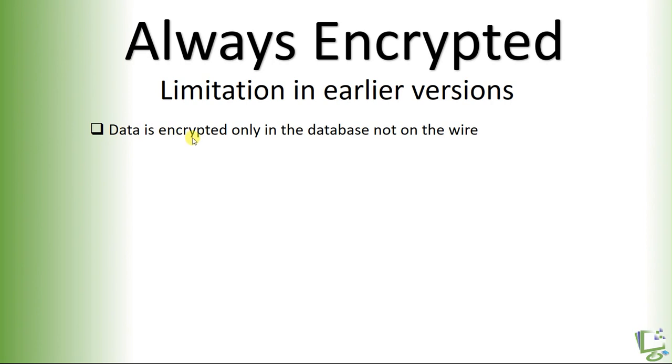Instead, SQL Server sent data in the query result as plain text. Another limitation was that the encryption key used to encrypt the data remained with the database, so someone having the key and the encrypted data could easily decrypt it, which made the data less secure.